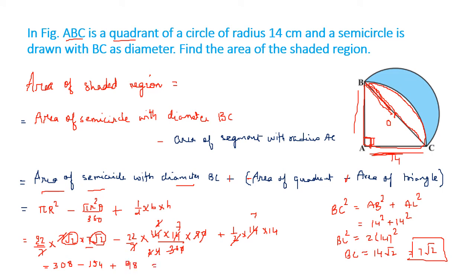So you will get 154 plus 98, that is 252 centimeter square, is the area of the shaded region.